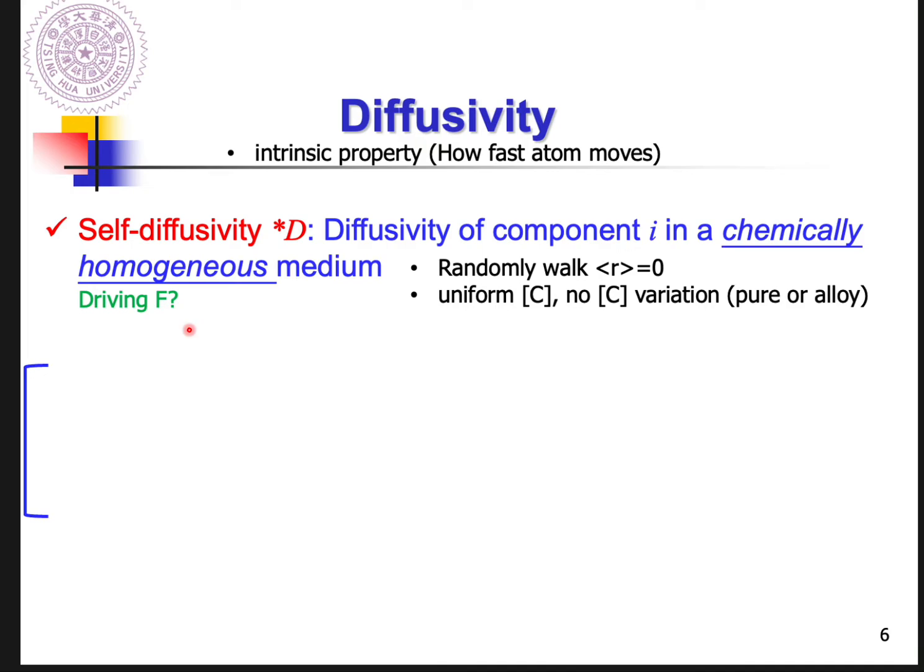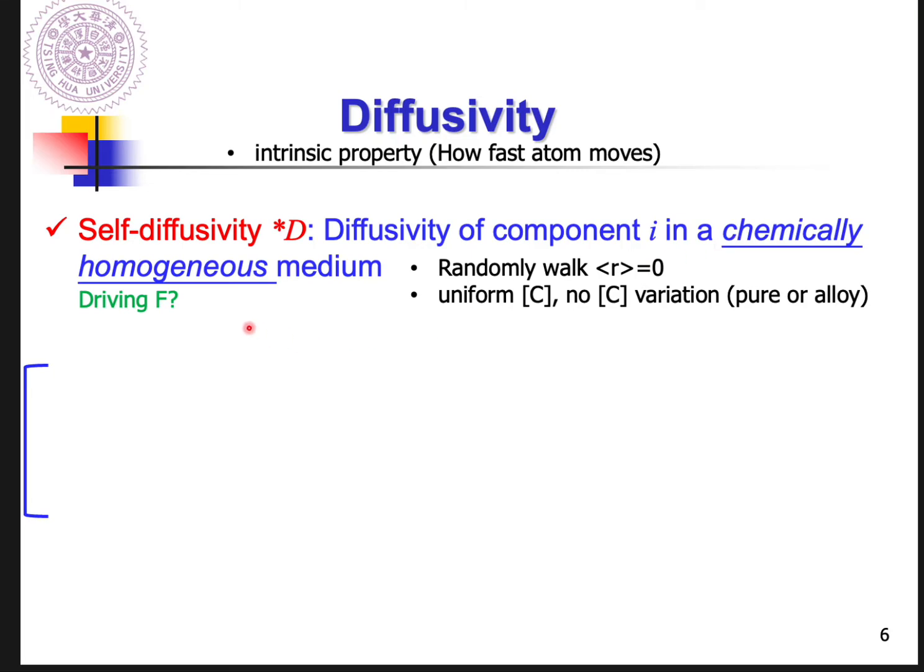Actually, the atoms always move around, right? Even though there's no net flux, the atoms still do a random walk. So the average displacement of the atoms can be considered equal to 0. This kind of diffusivity we call self-diffusivity. So it's definitely in a chemically homogeneous medium.